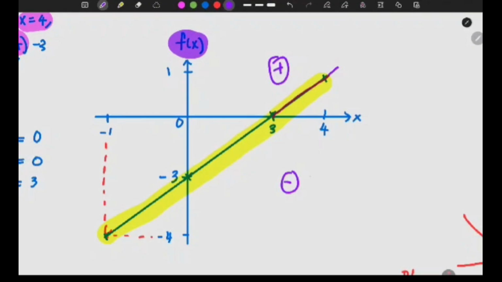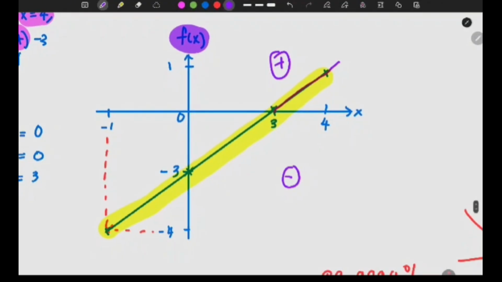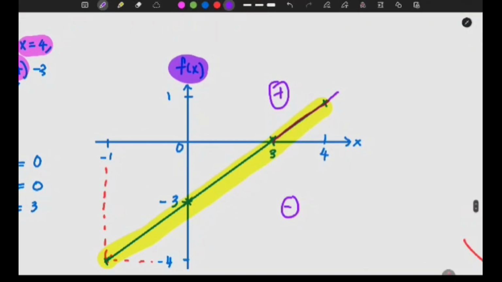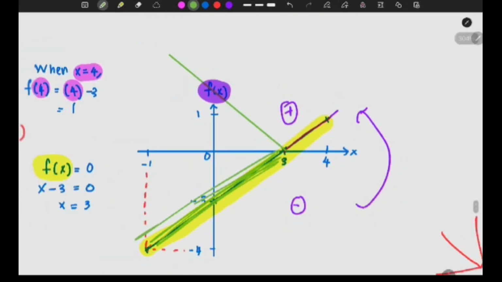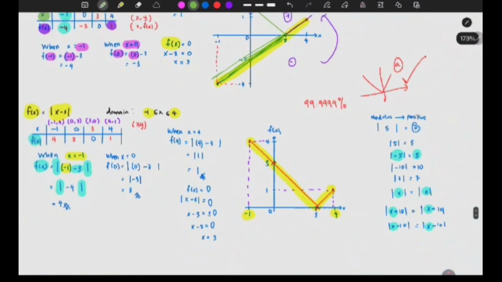So it will reflect it. This part, instead of going down, it goes up. It reflects, and that's what you see here. It reflected above because that's the function of modulus. It makes number positive.